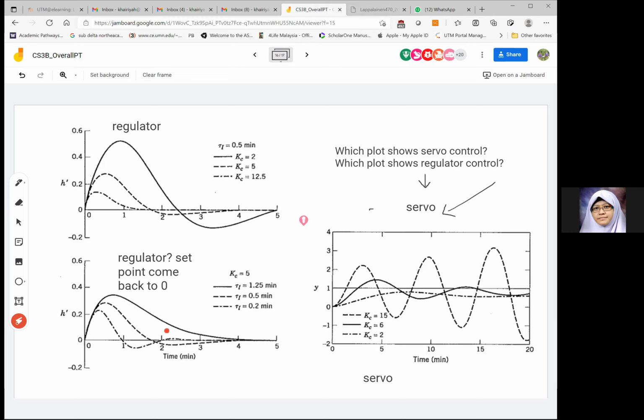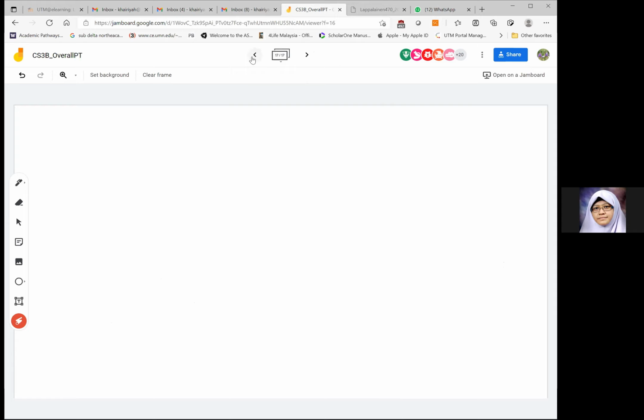You can have a bigger gain with P control compared to PI, because when you have PI, you have one more s that can push it to the non-stable region very, very easily. Okay, so I think that's it.